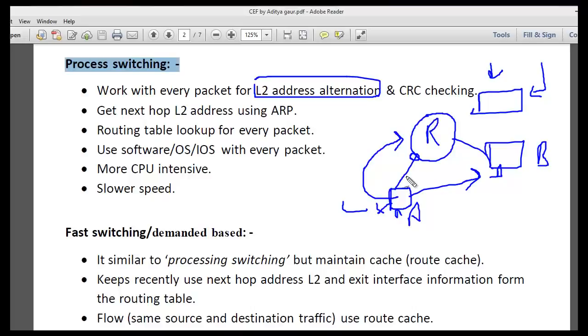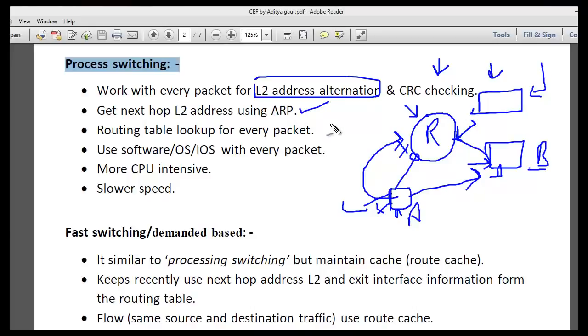Your router is going to strip off the source MAC address as well as the destination MAC address, and attach the source MAC address of its own interface and the destination MAC address of the other computer. In fact, it also checks the packet, that is CRC checking.